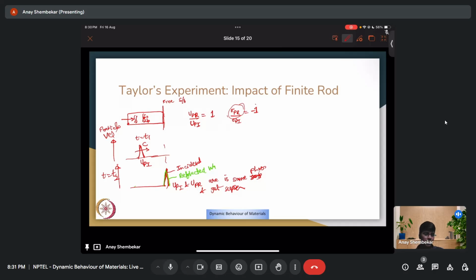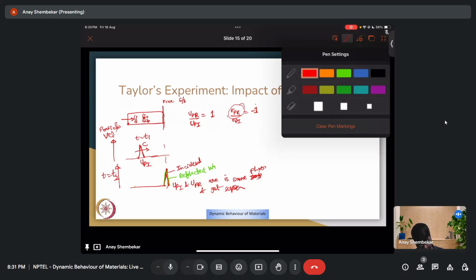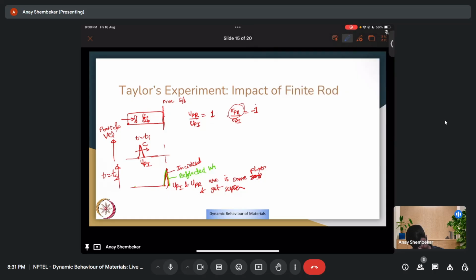Both of them get superimposed, and that leads to the overall particle velocity being twice UPI. Oh, got it, sir. Thank you. So because of the superposition, this happens.